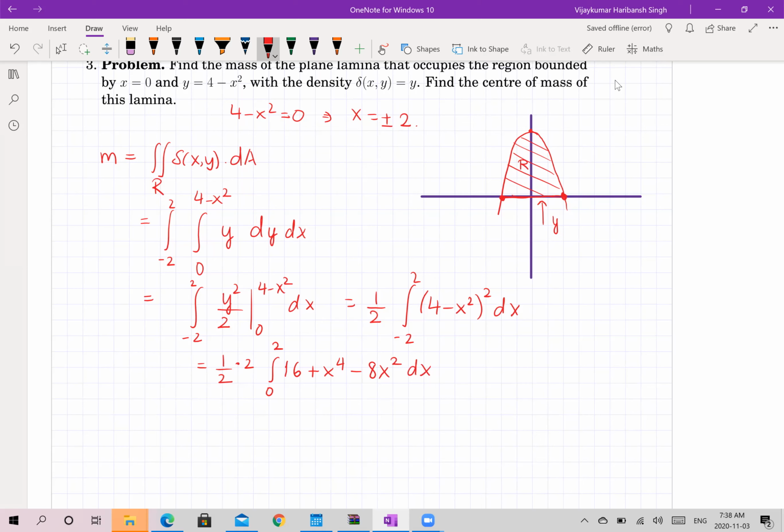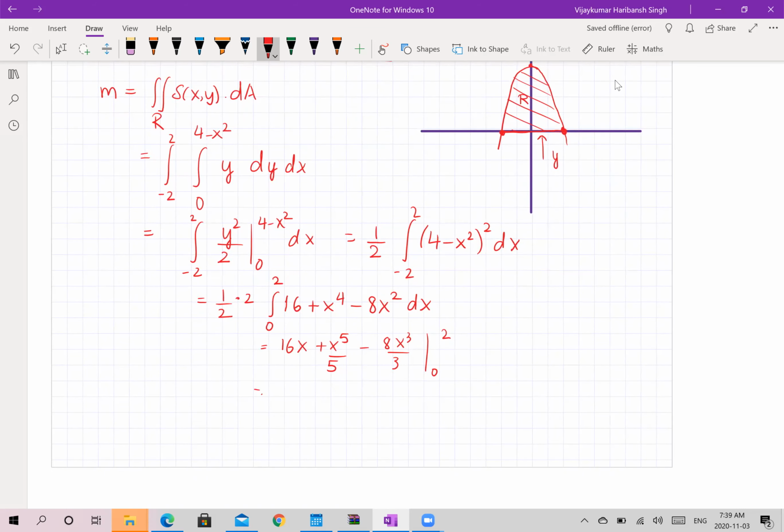Now this is going to be 16x plus x to the 5 over 5 minus 8 x cubed by 3, from 0 to 2. So the answer is going to be 16 times 2 plus 2 to the 5 by 5 minus 8 times 8 divided by 3. And you can simplify that answer.